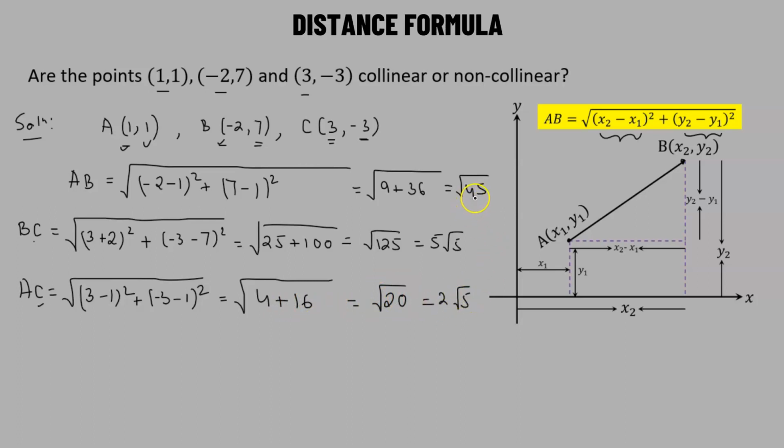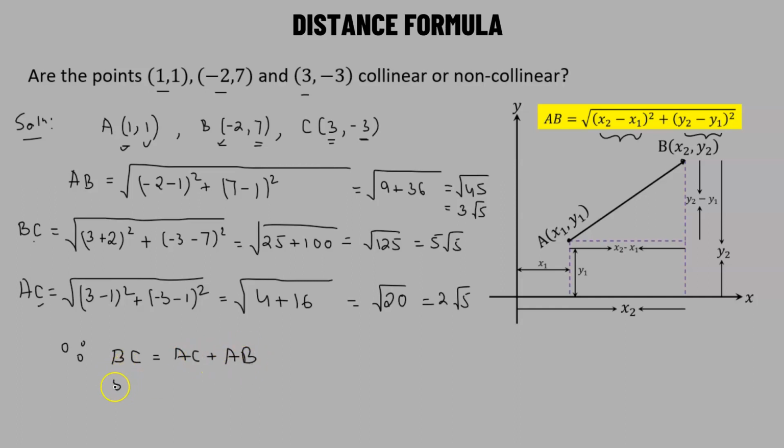Okay, we can also simplify the square root of 45. That simply equals 3 times square root of 5. So here we have obtained that AB has a length 3 times square root of 5, BC has a length 5 square root of 5, and AC has a length 2 times square root of 5. We can clearly say that the length of BC is equal to AC plus AB.